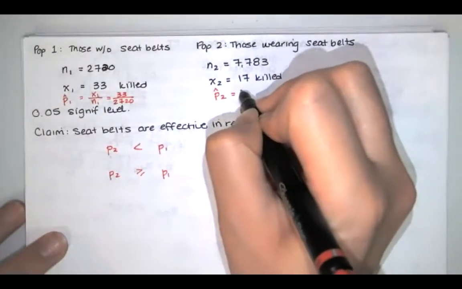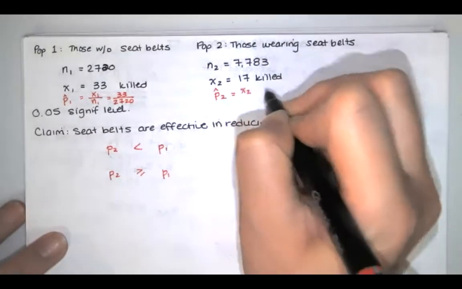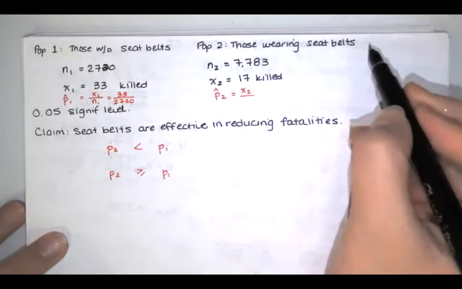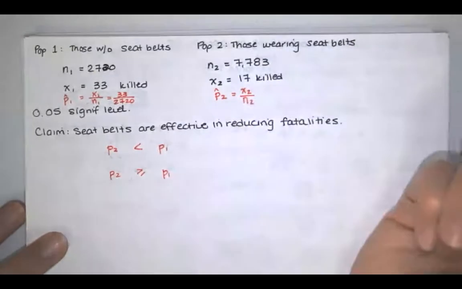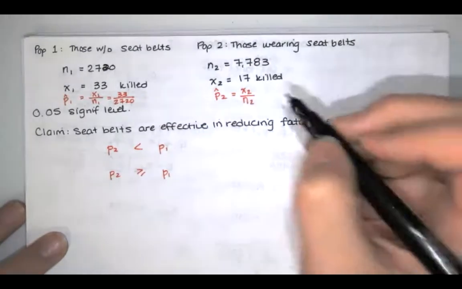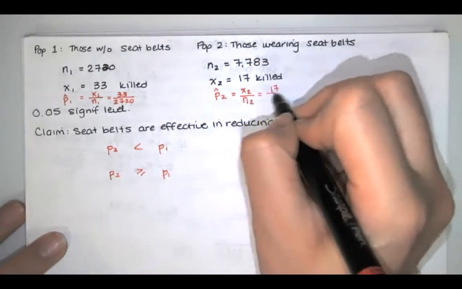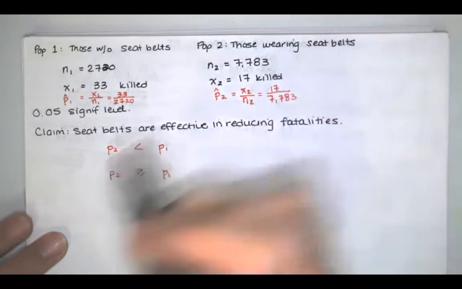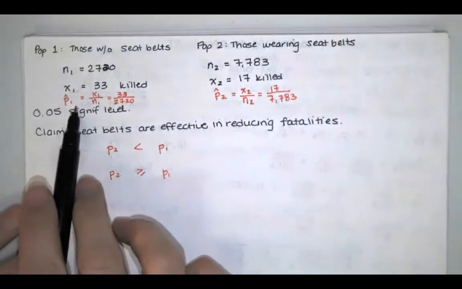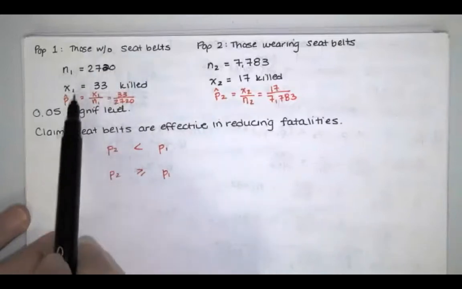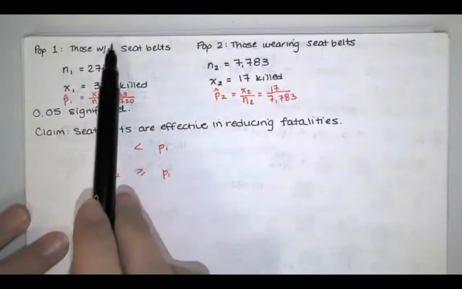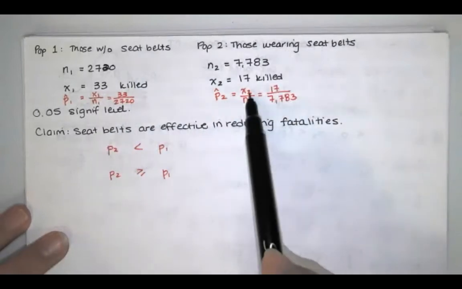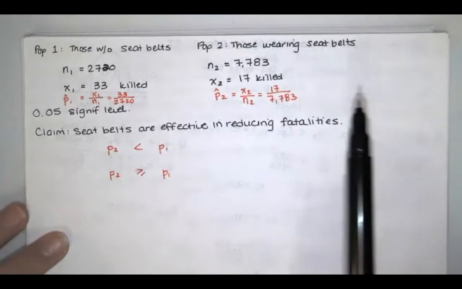That's going to be the total number that were killed in the sample of those wearing seatbelts divided by the total number that were wearing seatbelts in the sample. So that's going to be 17 out of 7,783. This is the sample proportion of those who died without wearing seatbelts. And this is the sample proportion of those who died while wearing seatbelts.